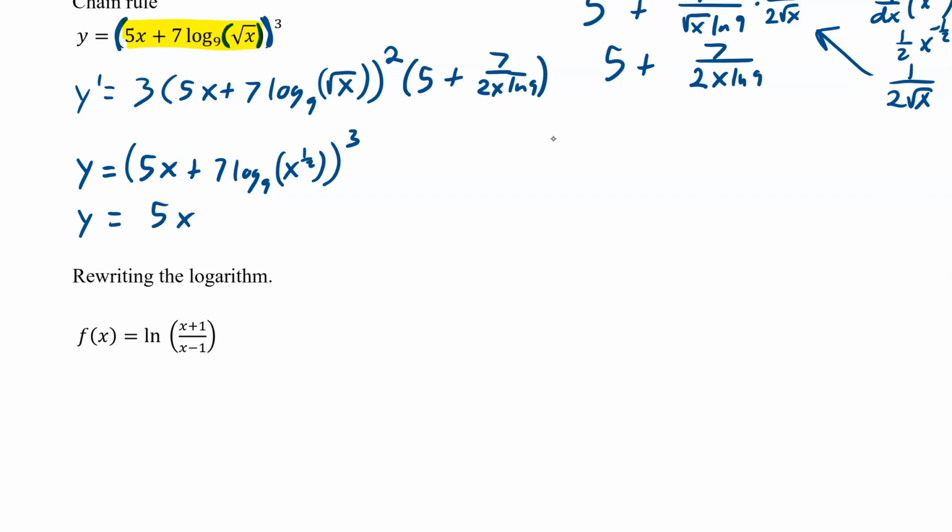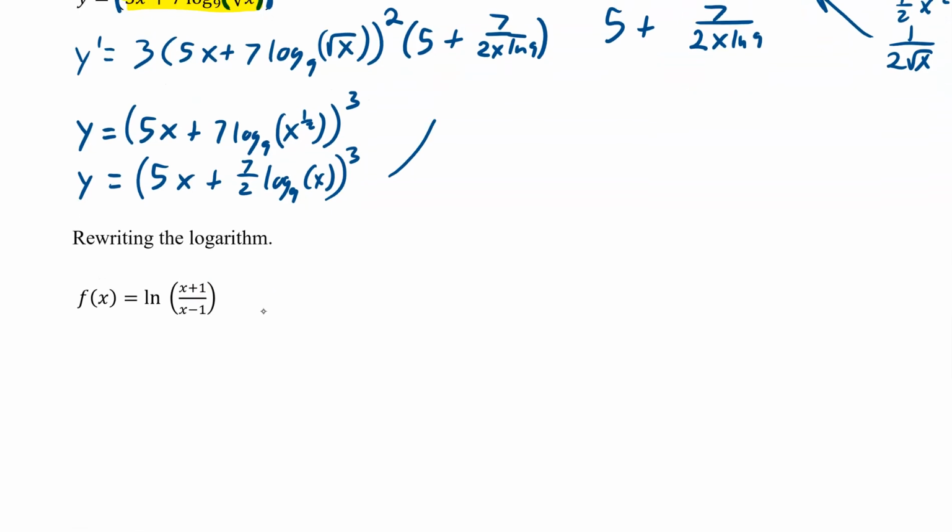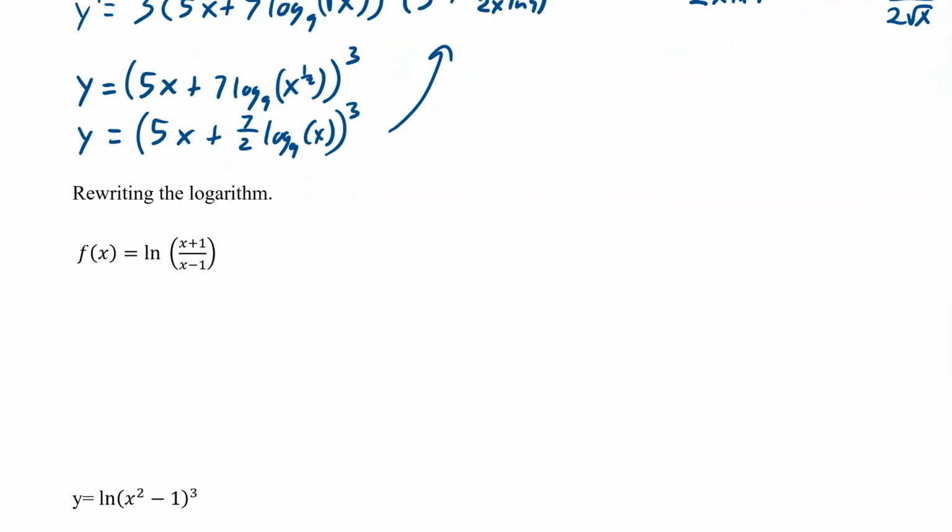So this is 5x plus, and then we bring the half in front, 7/2 log base 9 of x. And so this looks exactly the same, but if you look at it now, we can just save a step. So this is 7 over 2, the x comes to the bottom, and you get natural log of 9. So you don't have to actually do all of that. So rewriting your logarithms can help out a lot. So if we did this, our derivative would still be exactly the same thing.